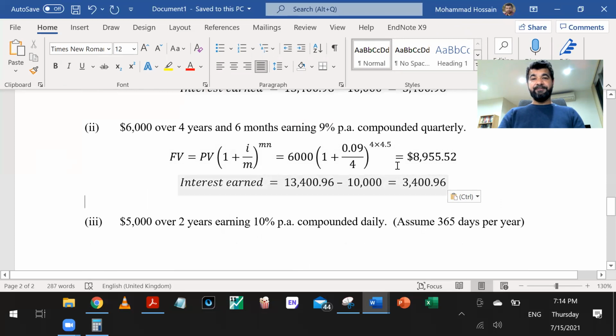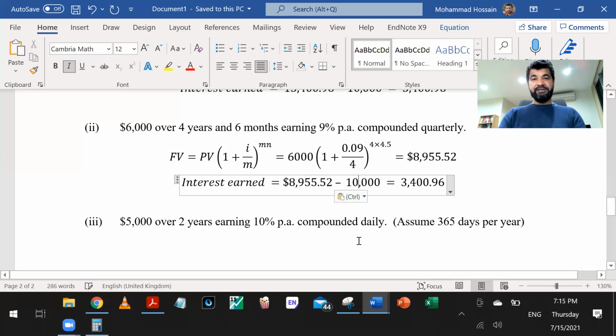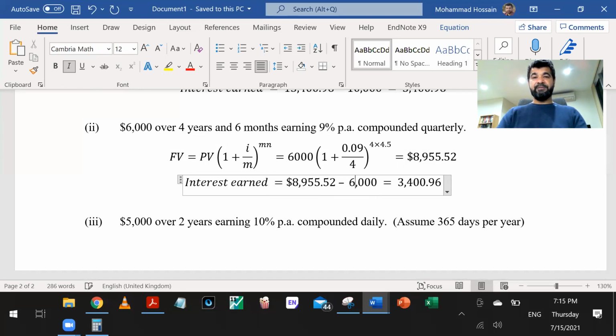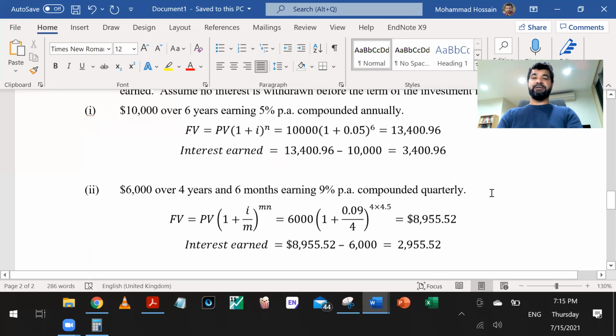Interest earned will be this minus how much we paid? 6,000. So it will be 2,955.52. Okay. Done. That's number two.